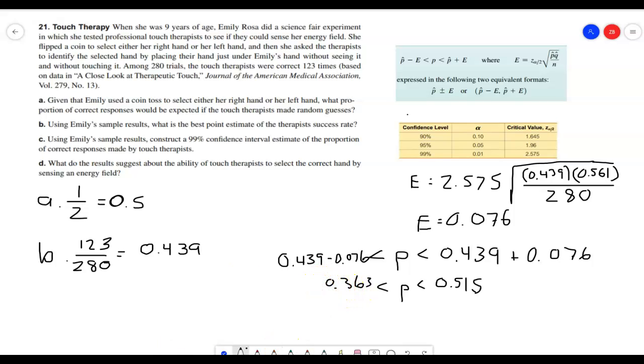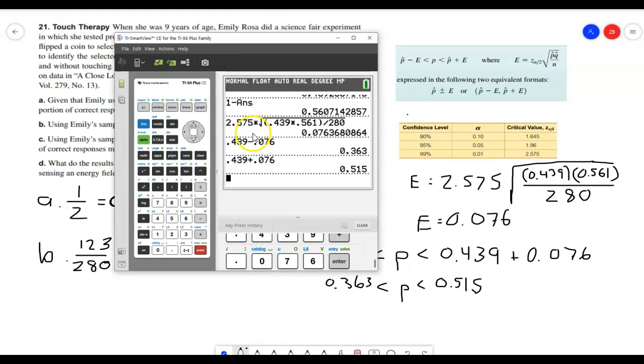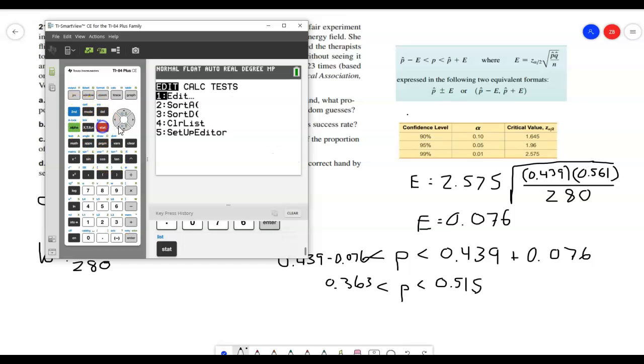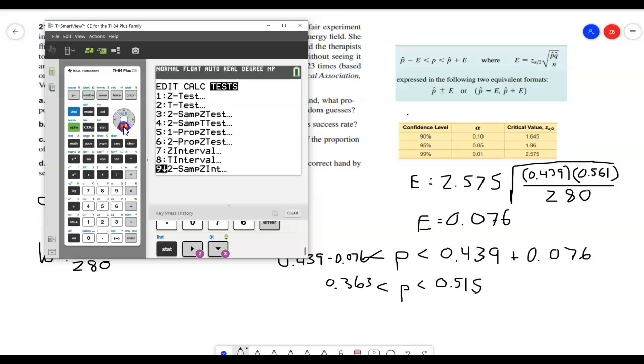Now, the last thing I want to do is use my calculator to also get this interval, although it won't be exactly the same just because they never are, but both of these intervals will be correct if you were doing a test or a homework. So we can also use stat, go over to tests, and for this one you can do 1-PropZInt.